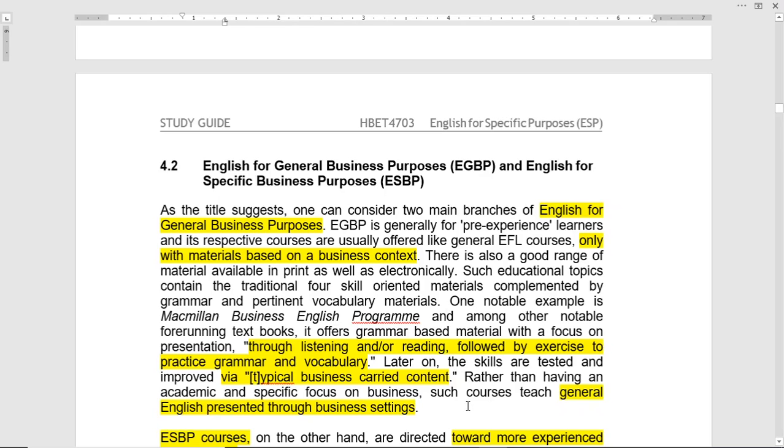So the general English is presented through business settings.